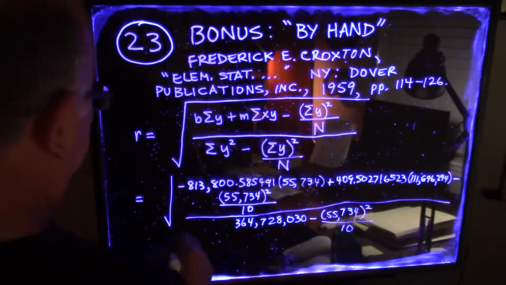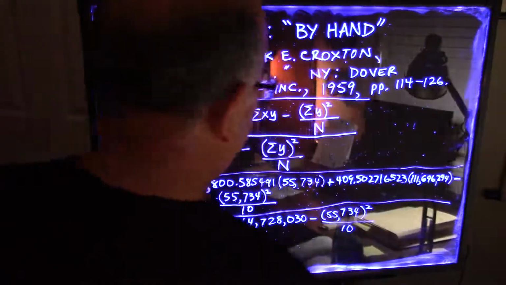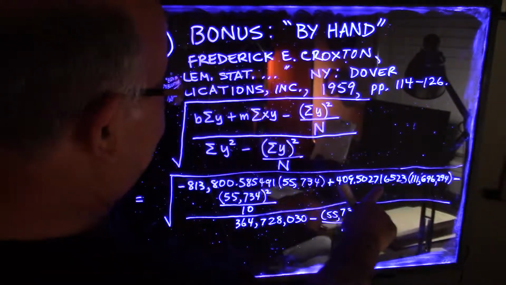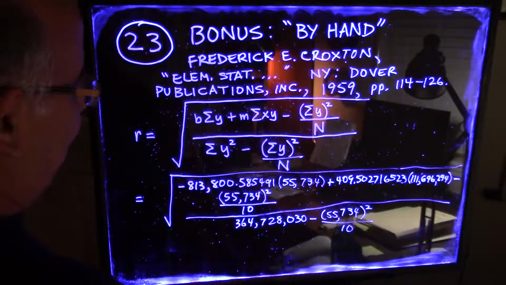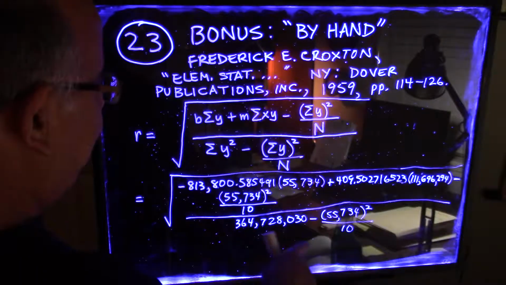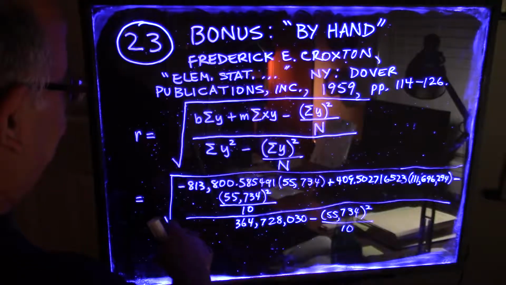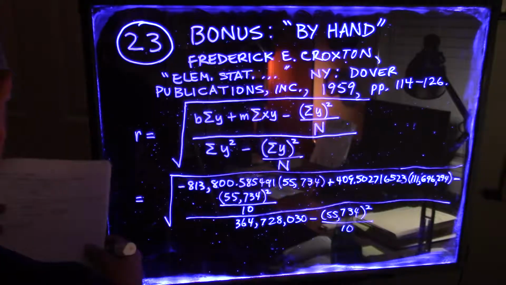So you do all this computation. Watch out for order of operations. Once you get the numerator and the denominator, then you divide the results, and then take the square root.